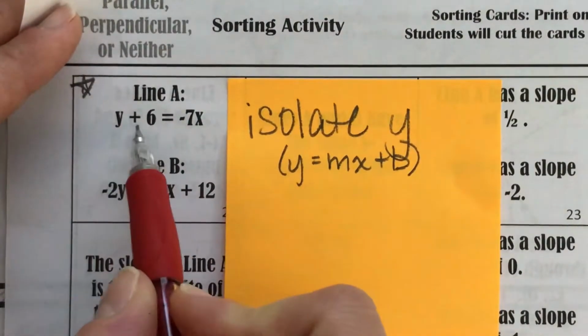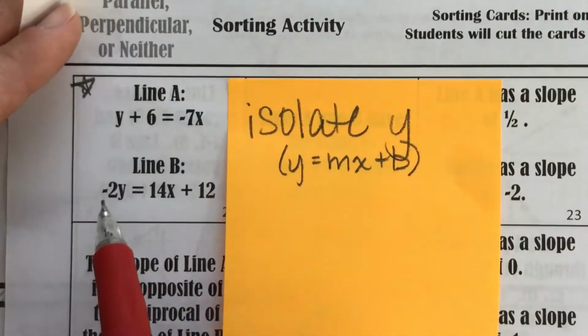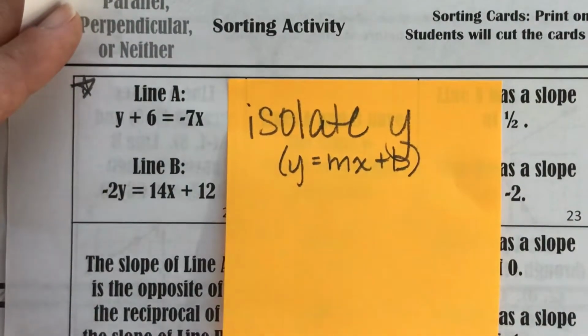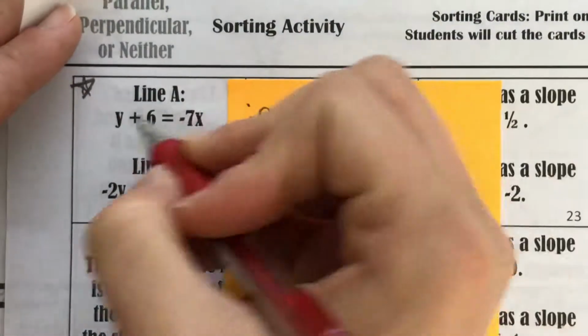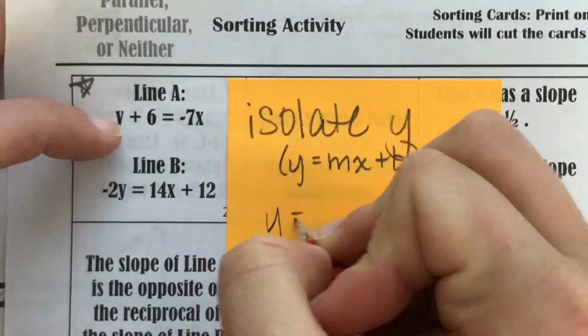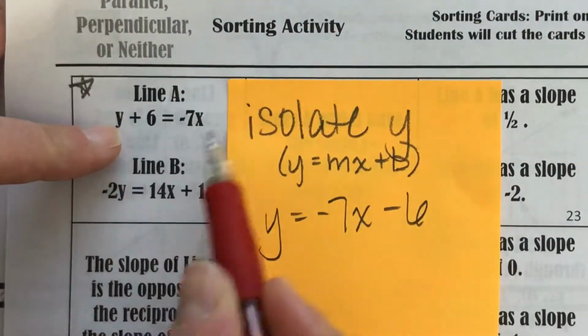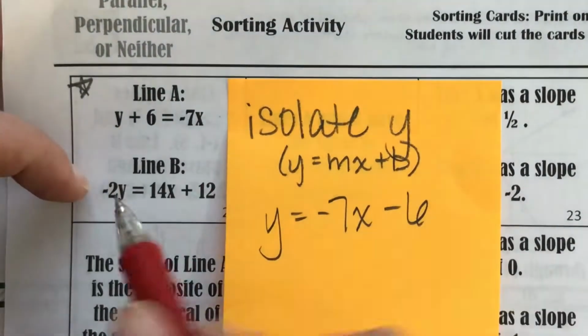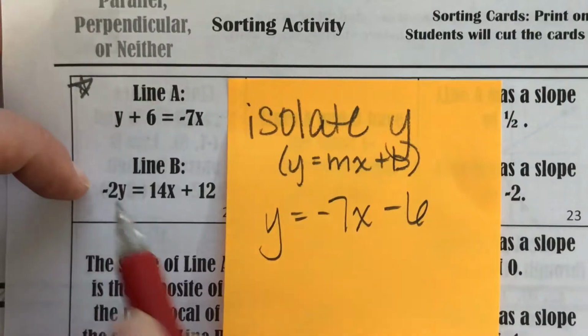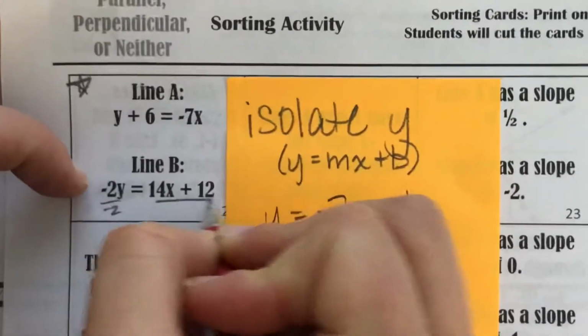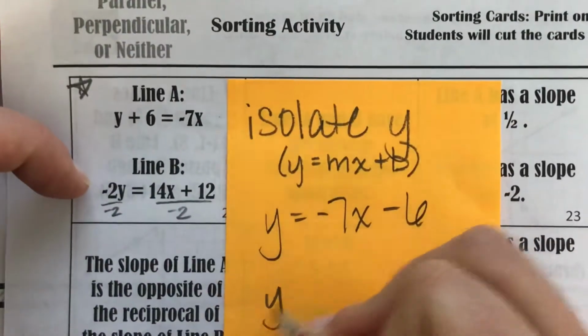In this situation, I might need to subtract x here, divide by -2 there, so that I end up with my formula. So here, if I subtracted 6, I would get -7x minus 6, right? Subtract 6 to move it over there.